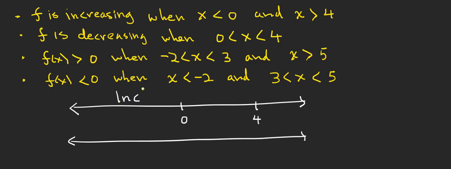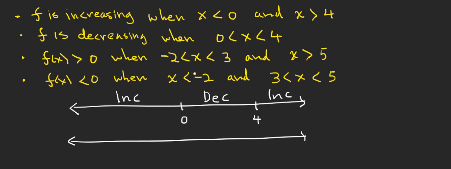Whenever x is less than 0, f of x will be increasing, and also when x is greater than 4, so increasing. Now f is decreasing when x is between 0 and 4. Okay, so I hope you understand my summary of increasing and decreasing of f of x.